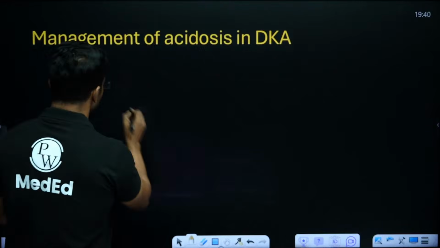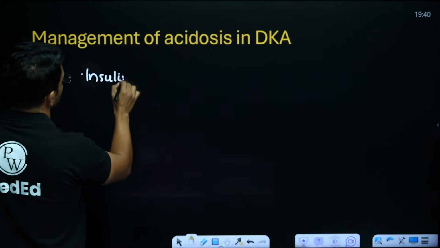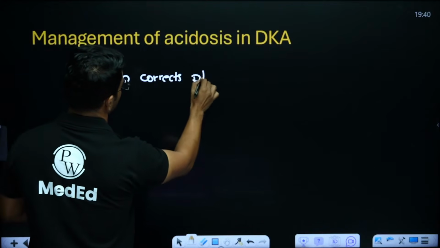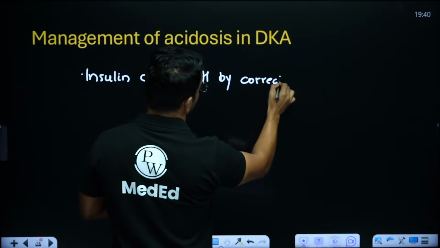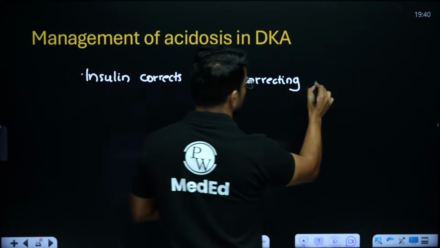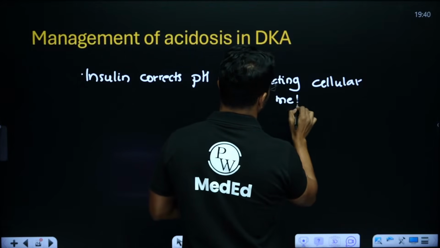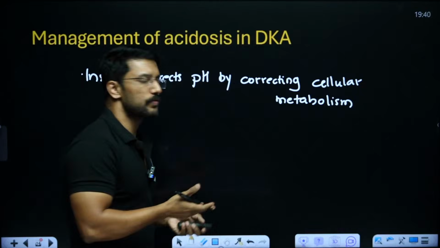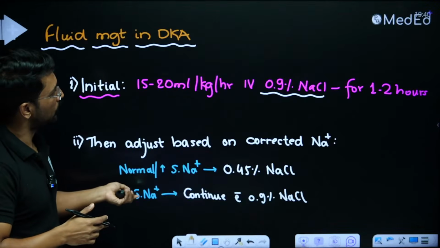So the thing to note here is that insulin corrects pH by correcting cellular metabolism. So I specifically do not generally need to give some bicarbonate to correct the pH, because see, look at this pathophysiology.